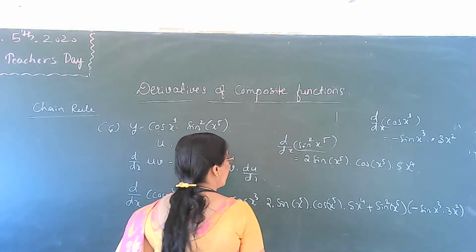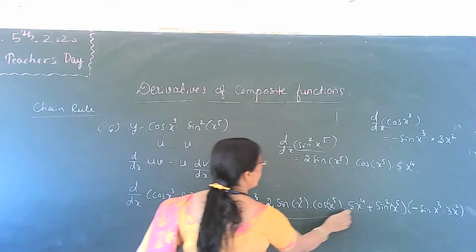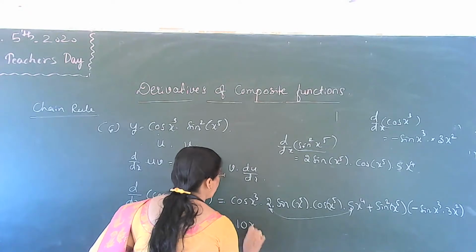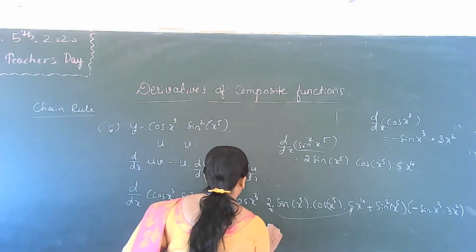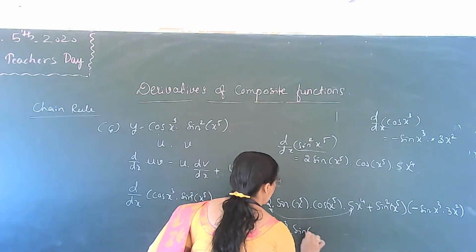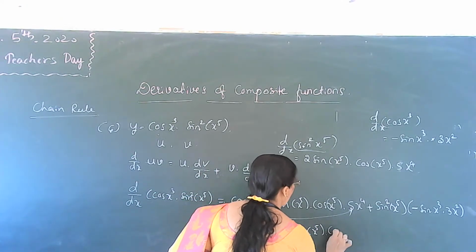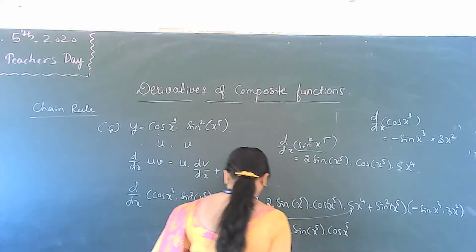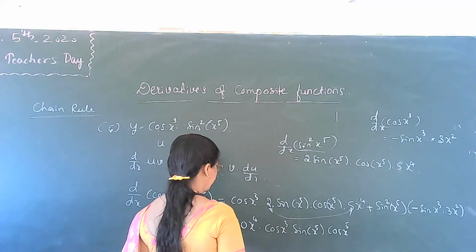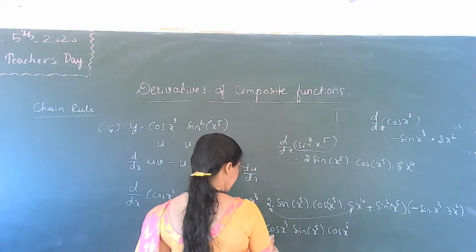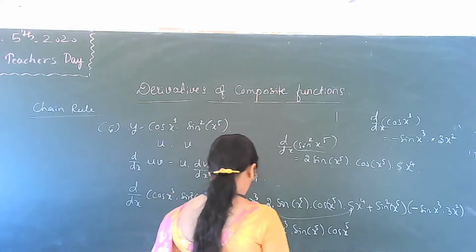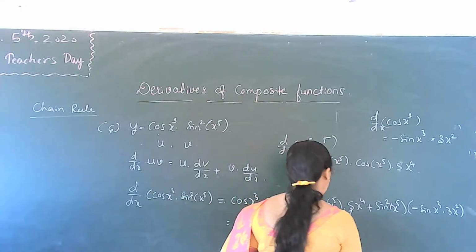Then 2 into 5, constant term multiplied, 10 x to the power 4 into cos x cube into sin x to the power 5 into cos x to the power 5, and sin x to the power 5.